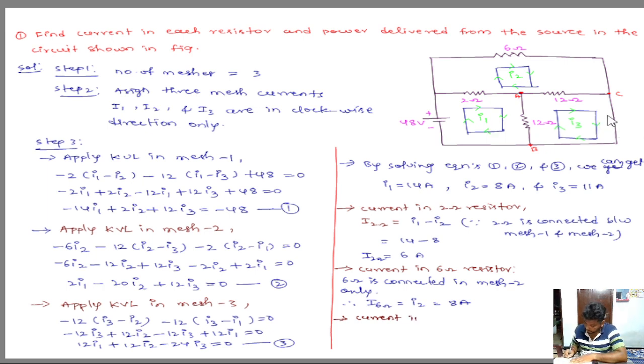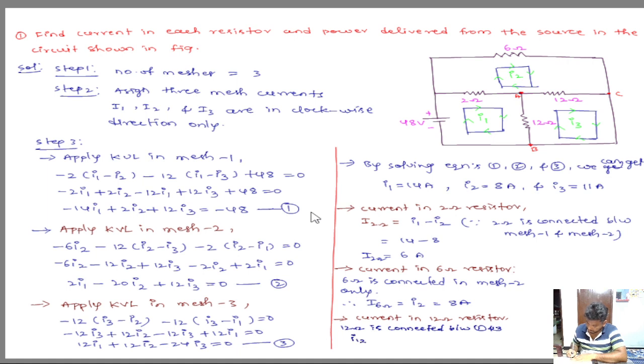The current in the 12 ohm resistor, connected between mesh 1 and mesh 3.